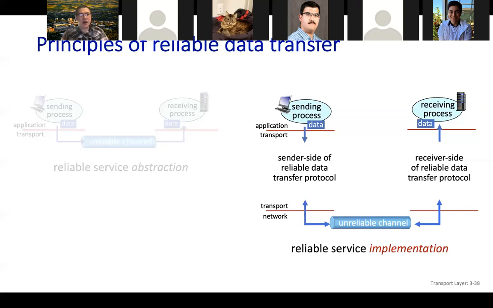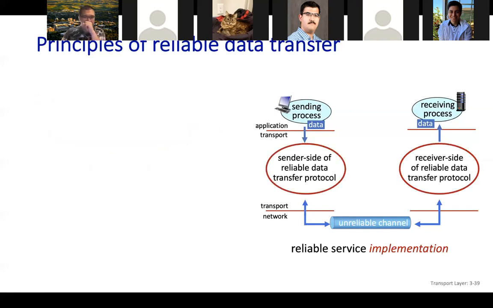Generally speaking, how can you verify the correctness of the application? Similarly here, how can you guarantee the data transfer back and forth is correct, based on the assumption that the layers below, the transport and network layers, are not reliable, okay?